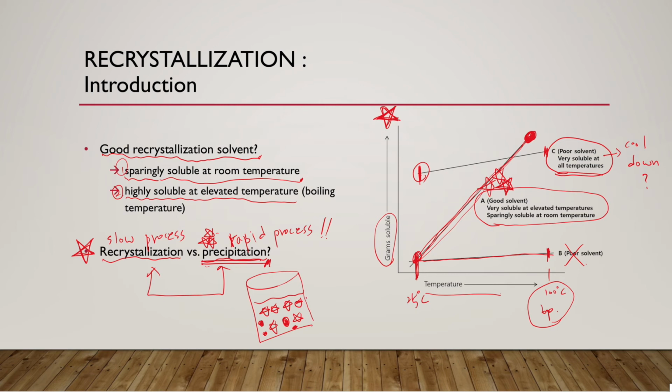But then if you cool down this solution rapidly, these impurities will be trapped inside the crystal lattice of the pure compound. And again, we won't be able to obtain a pure solid if precipitation occurs.